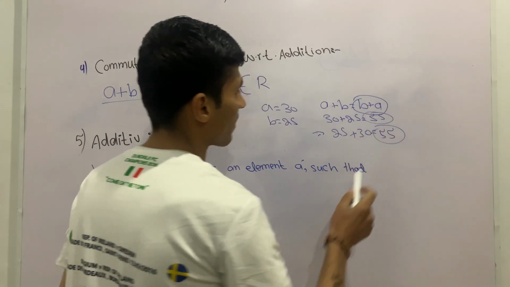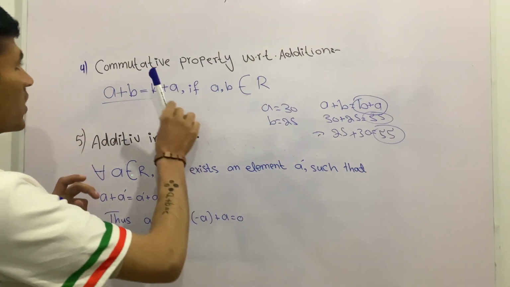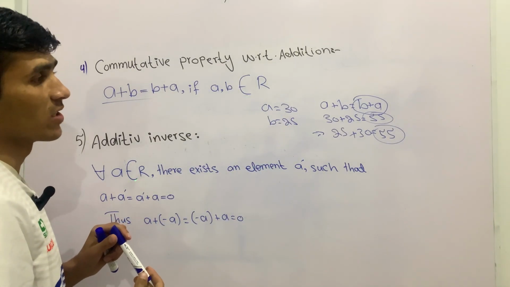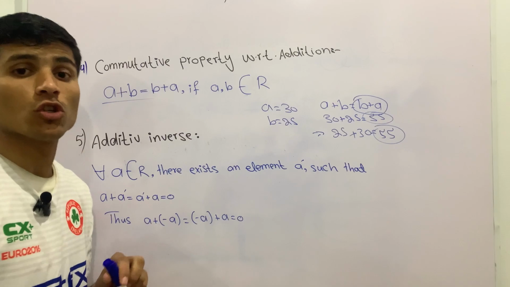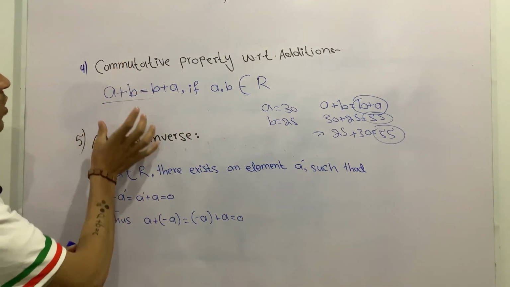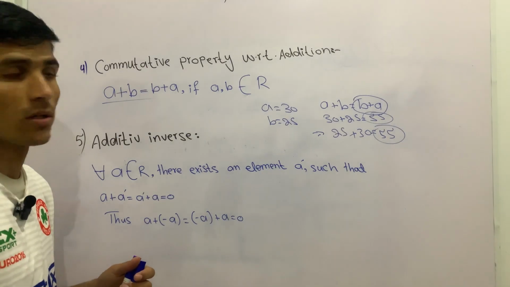So 55 equals 55. This property is called the commutative property with respect to addition, but a and b should belong to real numbers. This was property number 4 with respect to addition.